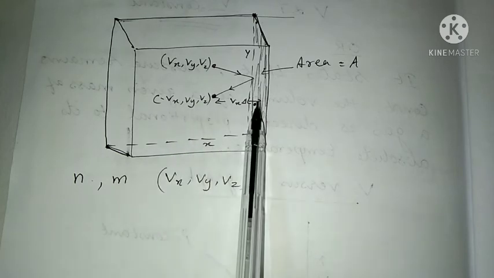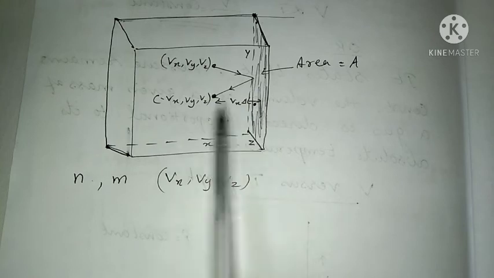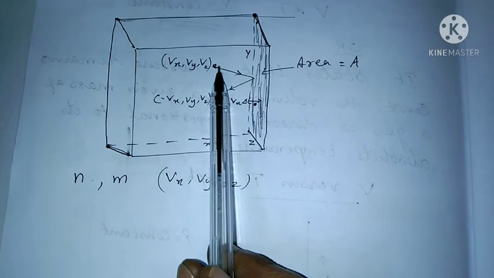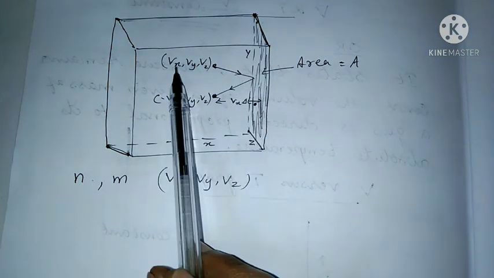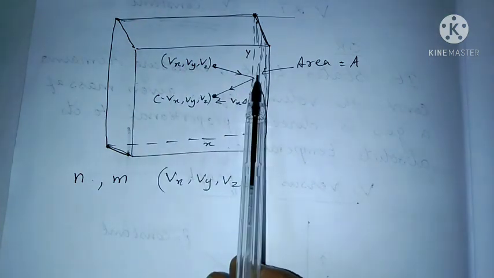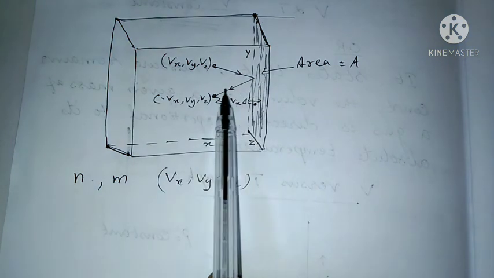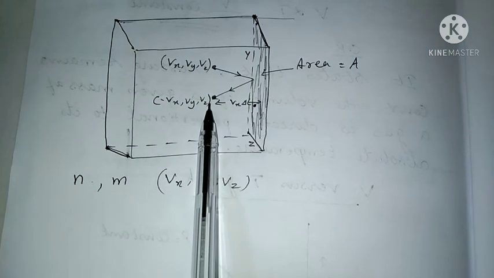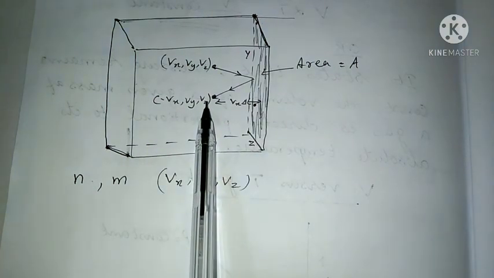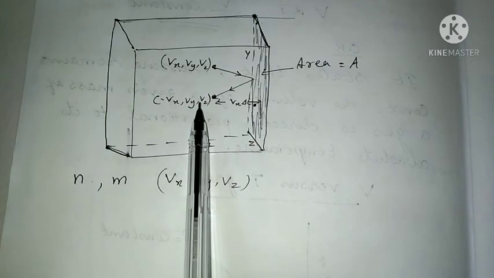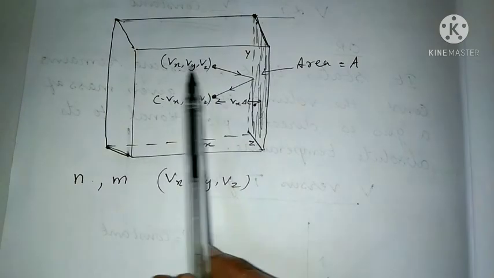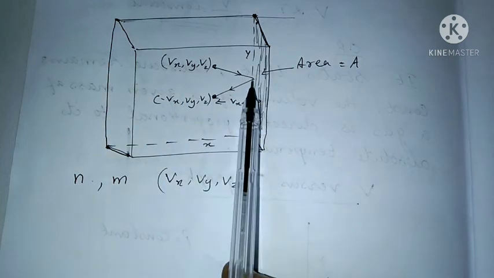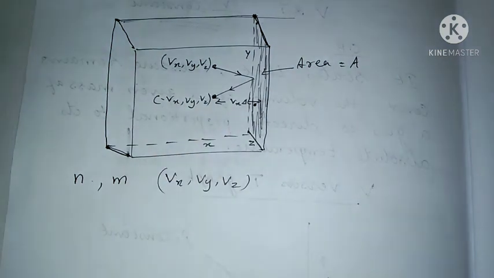So the molecule moving towards the wall with velocity Vx, Vy, Vz rebounds with velocity minus Vx, Vy and Vz. Here the y and z components of V do not change, but the x component reverses because it rebounds along the x-axis.